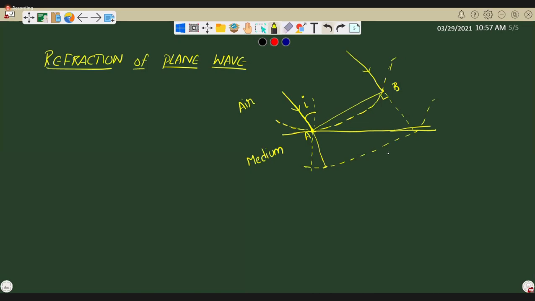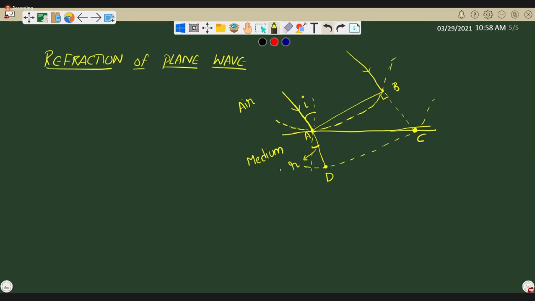Let me say this point has reached this point. This I will call C, this I will call D. This angle is the angle of refraction. Isn't it?